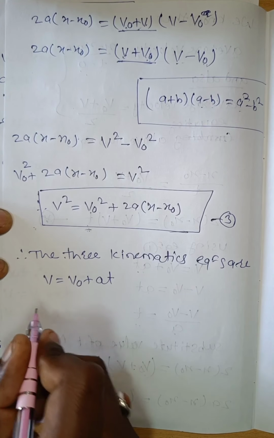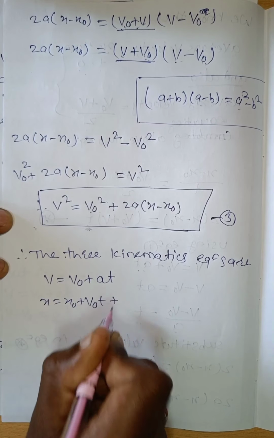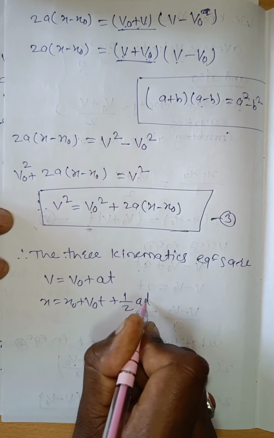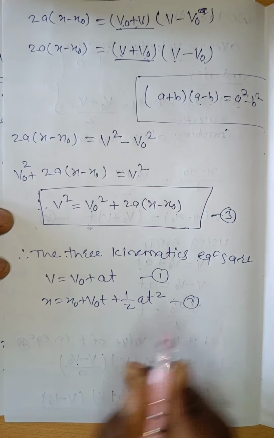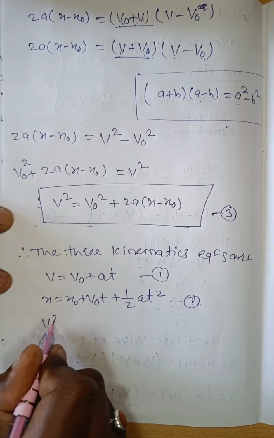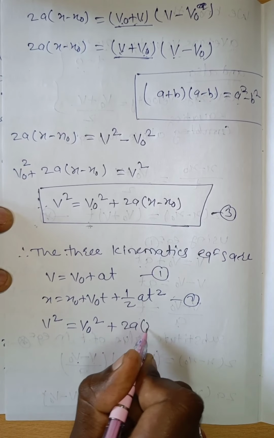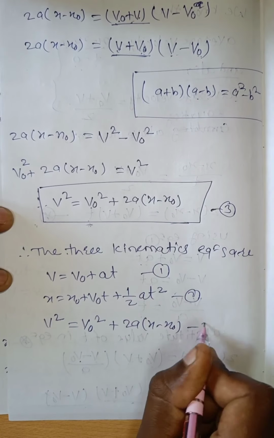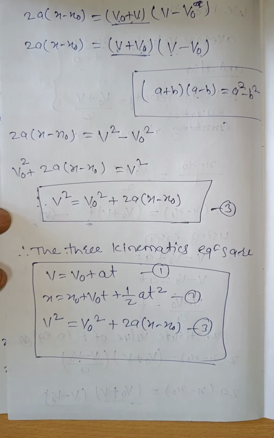Second, x is equal to x naught plus v naught t plus half at square. This is equation number 1, this is equation number 2, and this is equation number 3: v square is equal to v naught square plus 2a(x minus x naught). Now these are the three kinematic equations.